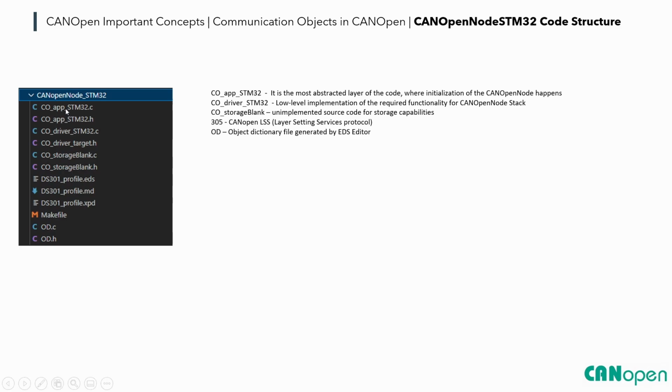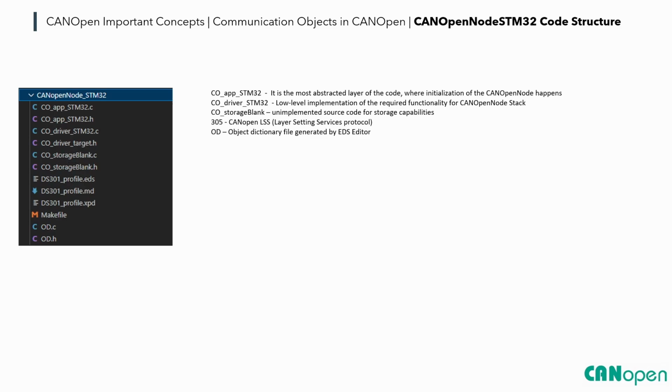It has these files. We have CO app STM32, which is the most abstracted, highest level layer, where you have the initialization, the app process and the timer interrupt. Then we have the driver, which is the low-level implementation of the driver for STM32. Then we have the storage, which in our case we haven't implemented yet, but you can change that based on your usage.